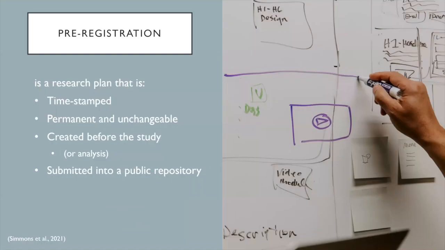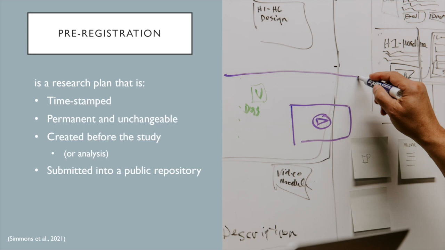So pre-registration is this plan that is time-stamped. So it has the date and the time when you submitted the pre-registration. It is permanent and unchangeable, so you cannot edit it after the submission, after the publication, though you can add new versions of it with justifications.